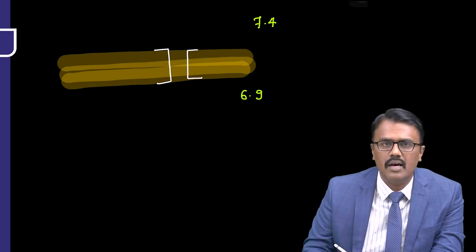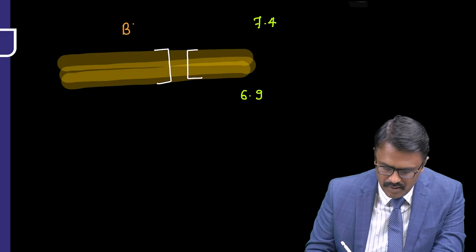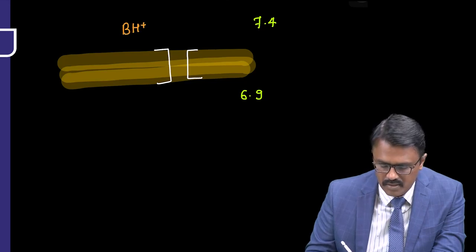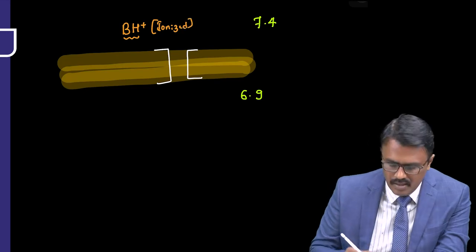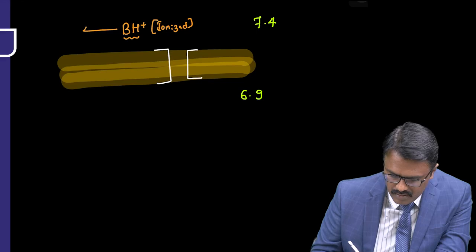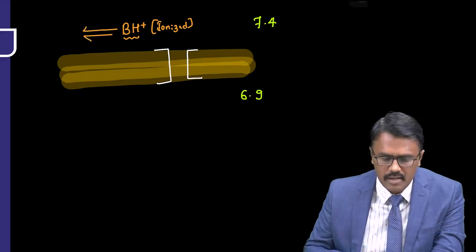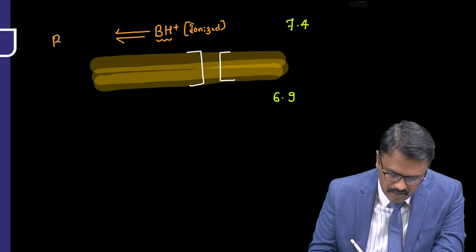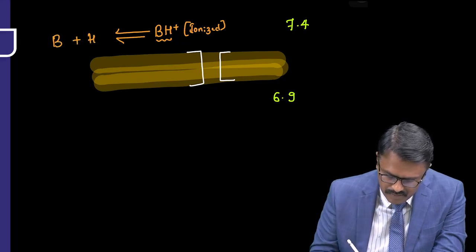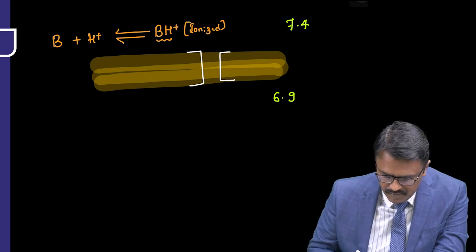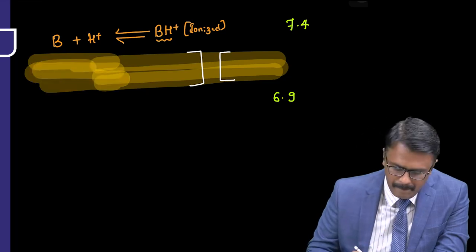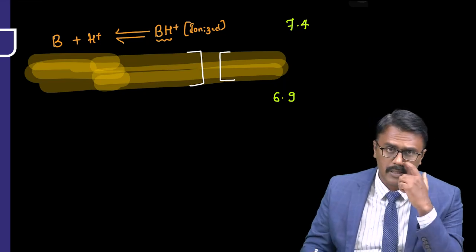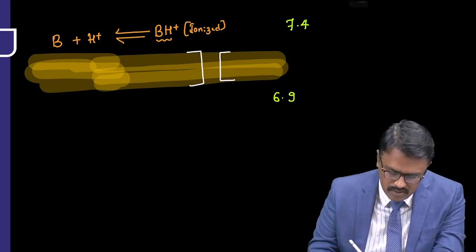Now when we use the anesthetic, let me write BH plus, meaning they are ionized. So local anesthetics are ionized. Now what happens? They will release the non-ionized form, that is B. So let me extend the axonal membrane. You know that ionized will not cross. So who will cross?